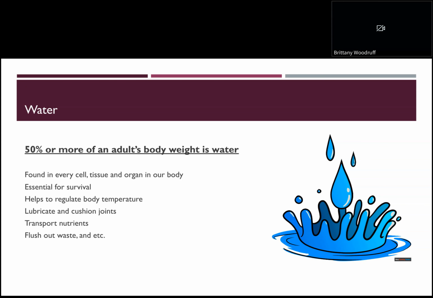Water is found in cells, tissues, and organs, is essential for survival, helps regulate body temperature, and lubricates and cushions joints. It's responsible for a bunch of things. Water is important, which is why they tell you to drink a bunch of water. So what percentage? 50% or more.